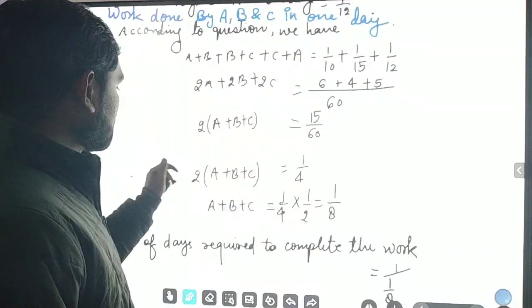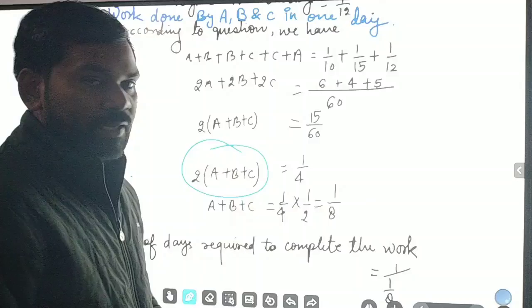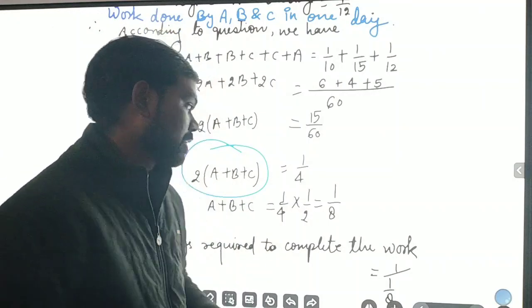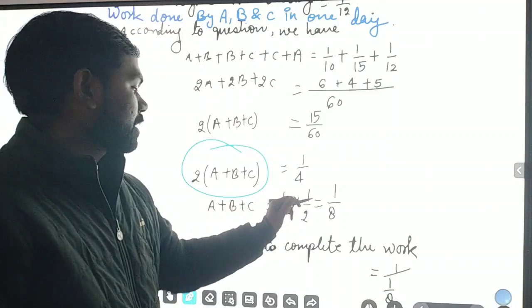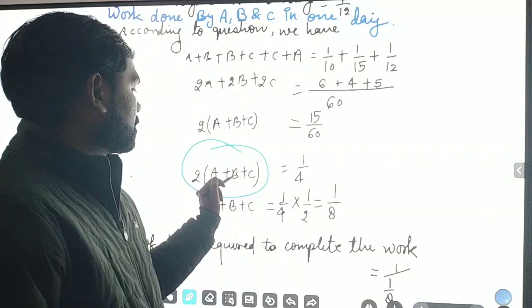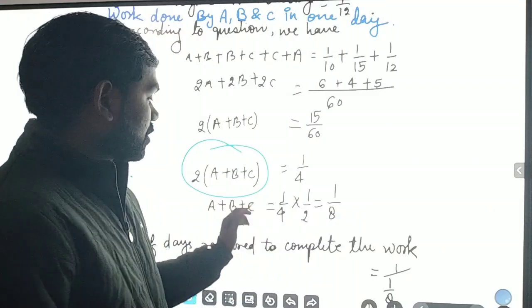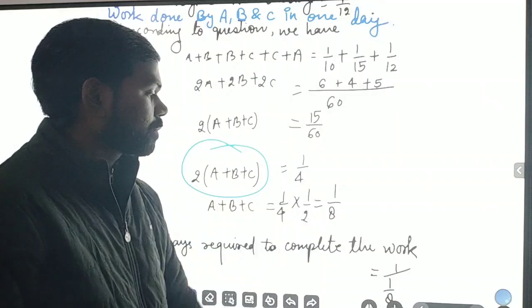Since the LHS is twice of the right hand side, and here we have to find out the work done by A, B and C in one day, we have to transpose this 2 to the right hand side. Since 2 is multiplied to ABC, when 2 goes to the right hand side, it becomes divide. So here we write 1 upon 4 multiplied by 1 upon 2, which is equal to 1 by 8.